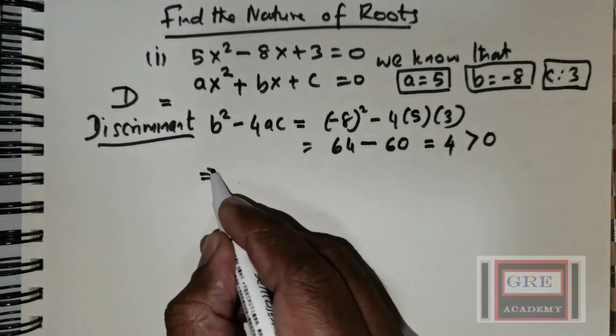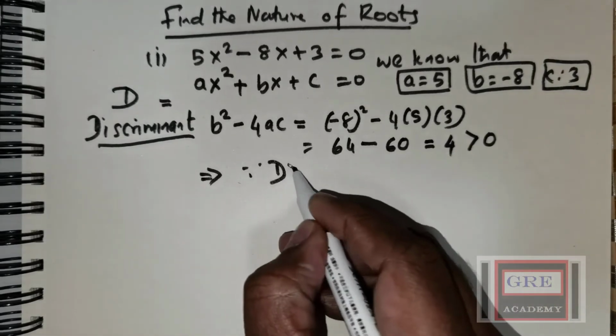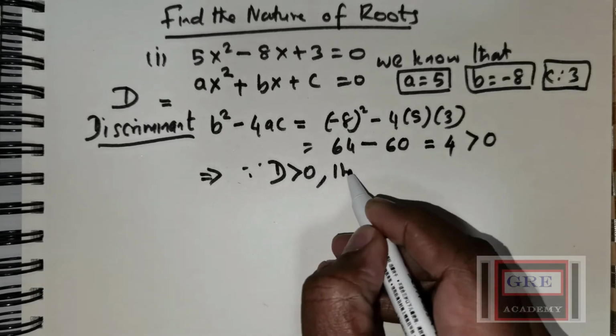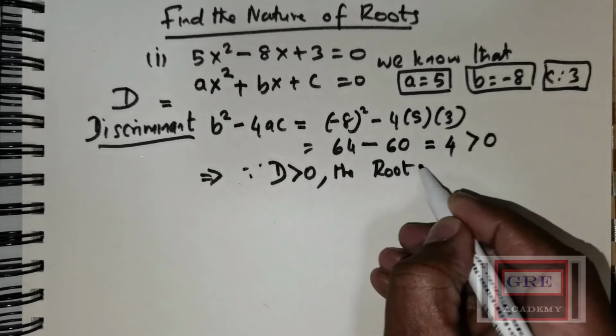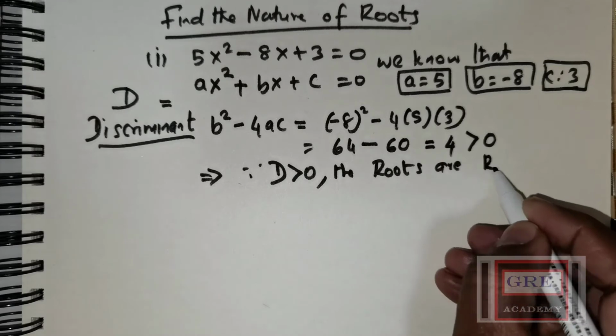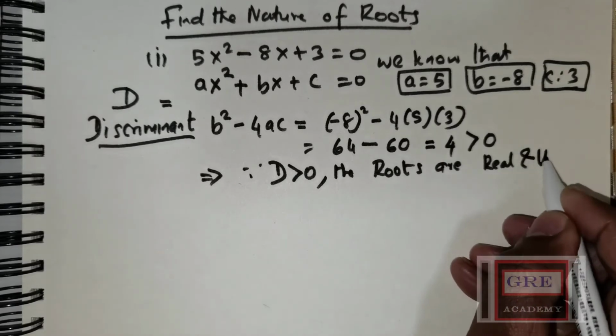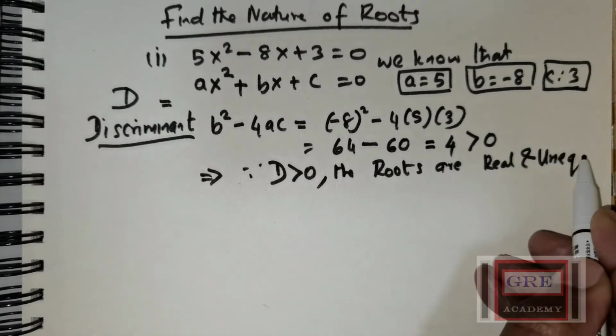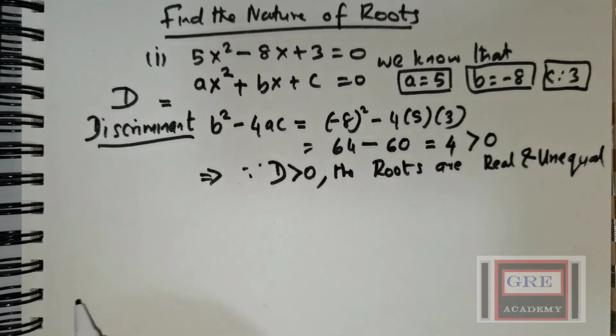So since d is greater than 0, the roots are real and unequal. That's important. This is for the first question.